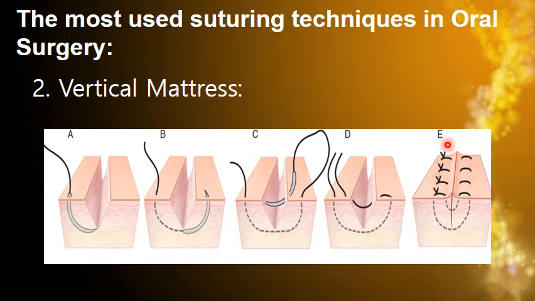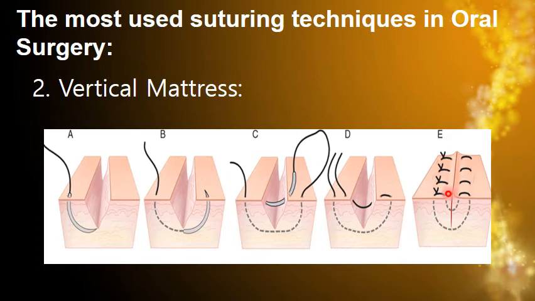What are the advantages of this type of suture? Better adaptation, maximum tissue approximation, because I have the stitch in two levels. To get slight eversion of the wound, which means I have maximum contact of the wound, which is better for the healing.